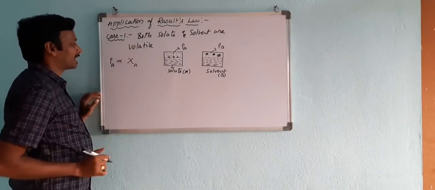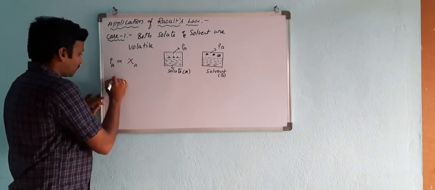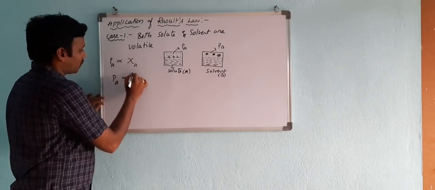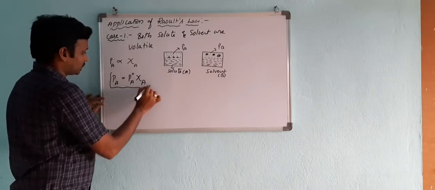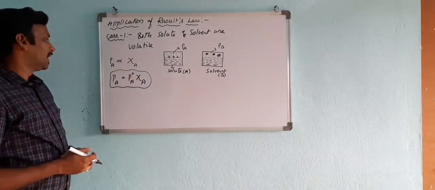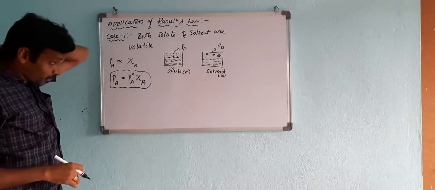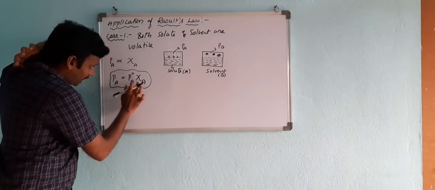So PA is directly proportional to the mole fraction of A, and removing the proportionality, PA is equal to PA naught into the mole fraction of A, where the proportionality constant is PA naught.